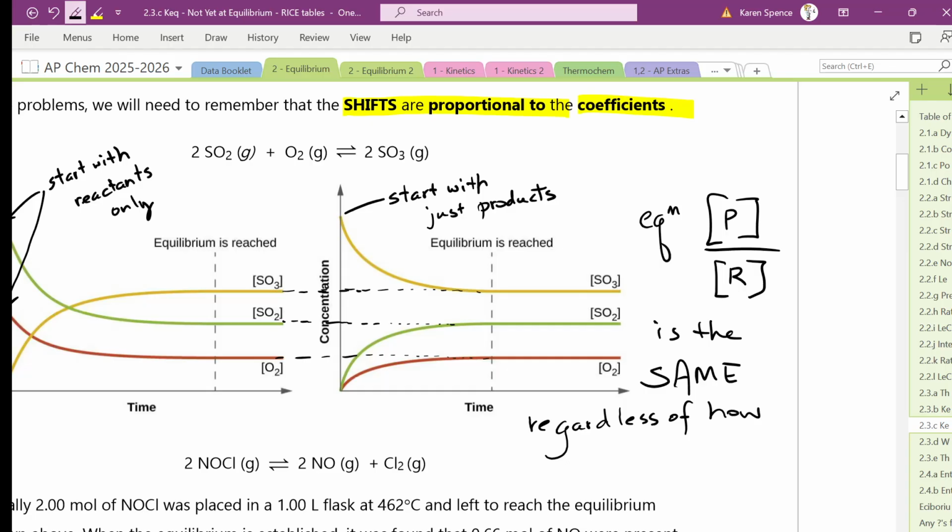So it's the same regardless of how we start out. And that is the whole purpose. That is the whole reason it is called a K, because it is constant. It is constant no matter how you start. You will end up with the ratio always being equal to the value of KEQ. Okay?